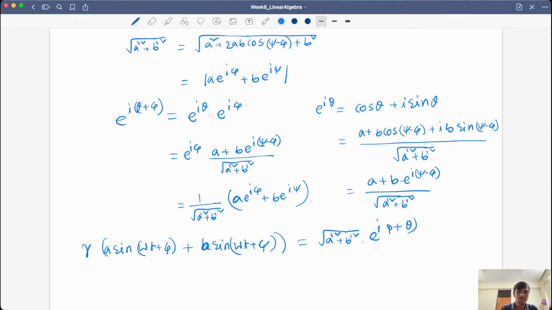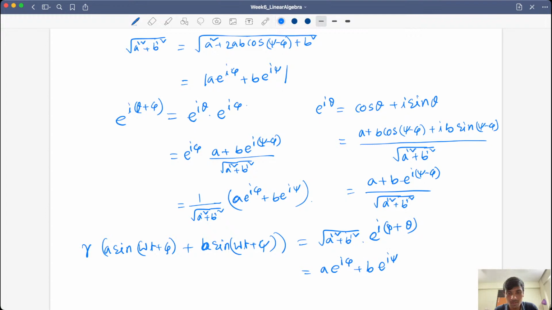But we have just seen that e power i theta plus phi is the same as this thing, so this is nothing but a e power i phi plus b e power i psi, right?